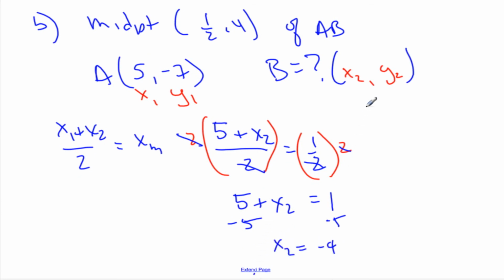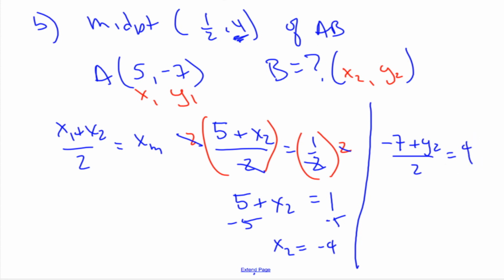Do the same idea with my y value. I know that y1 is 4 from here, plus y2, I don't know. No, hang on. Oh, y1 is, you're right, sorry, -7. Thank you. Try that again. y1 is here. That's -7, plus y2 over 2, and that equals 4.